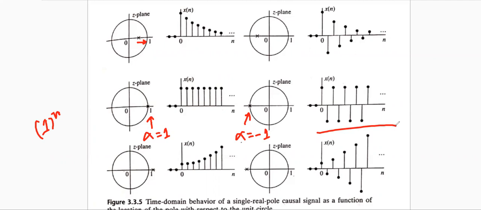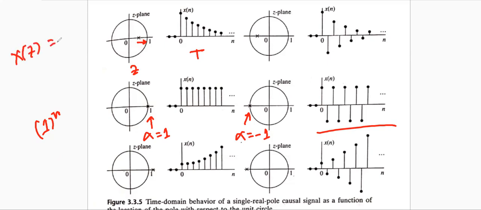You can think in any other way from one domain to another. This is the time domain, and this is the z-plane or z domain representation with respect to pole and zero locations. If I have the poles and zeros, then I can write X(z).